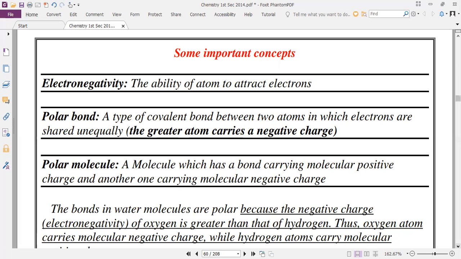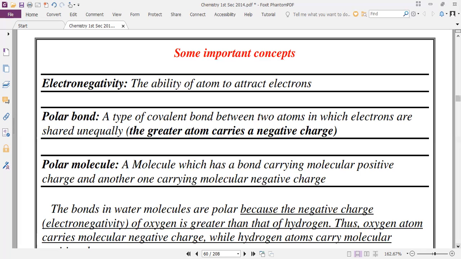So what is meant by polar bond? A type of covalent bond between two atoms in which electrons are shared unequally. The greater atom carries a negative charge. This is a polar bond, a type of covalent bond.